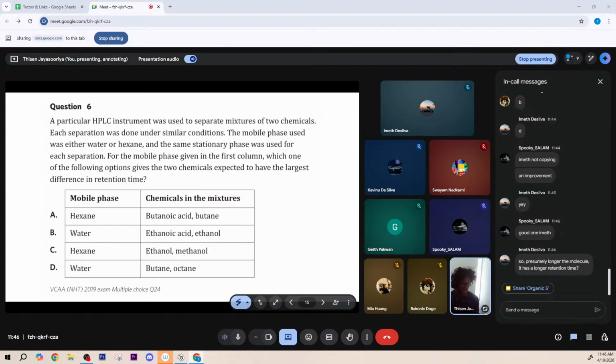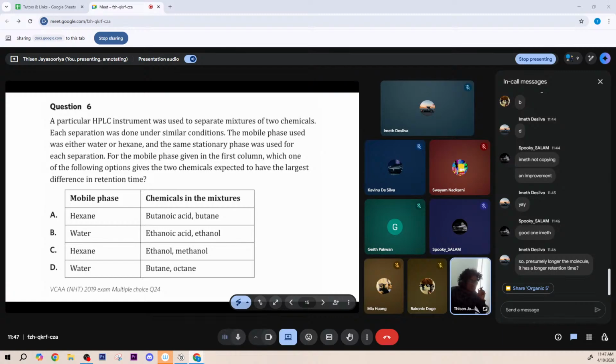What do you guys think? Presuming the longer the molecule, it has a longer retention time. Yeah. That one isn't. It's not necessarily correct that if it's a longer molecule, it's a longer retention time. But I'll let you guys do this one. What do you guys think? Which one of these would lead to the most separation?